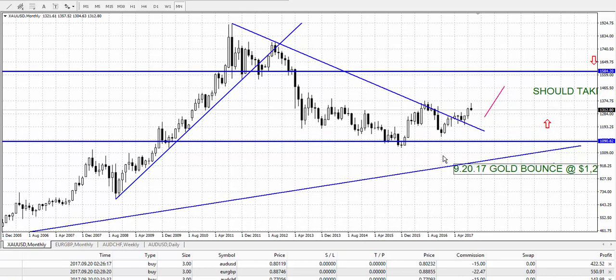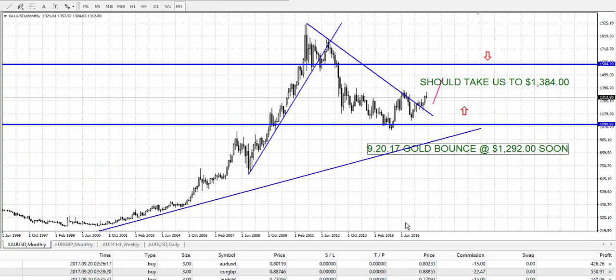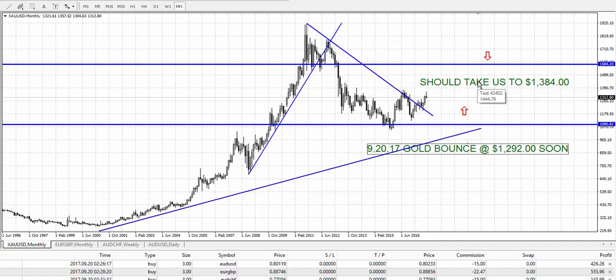Now, yeah, it took 6 years, but that's because we're looking at a 27-year chart. But I'm telling you, unless some manipulation goes on, which I really doubt, because central banks themselves are grabbing up as much gold as possible because they're seeing the unbelievable mistake they've done over the last few years.